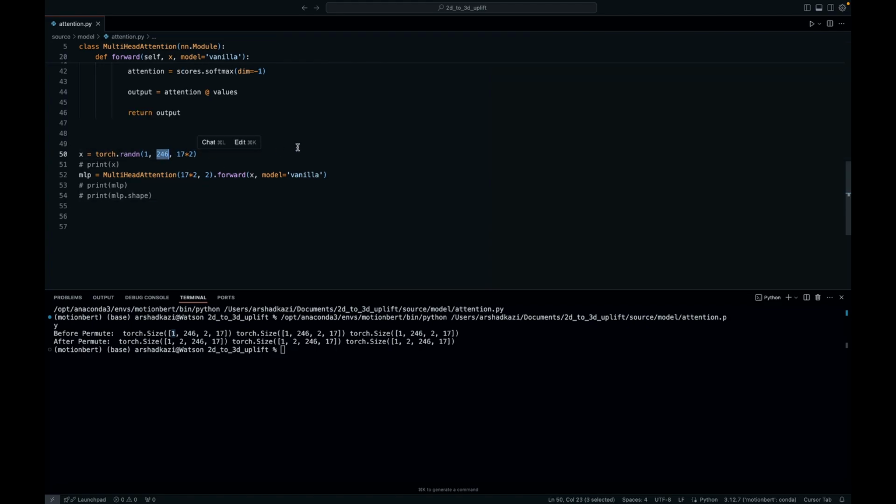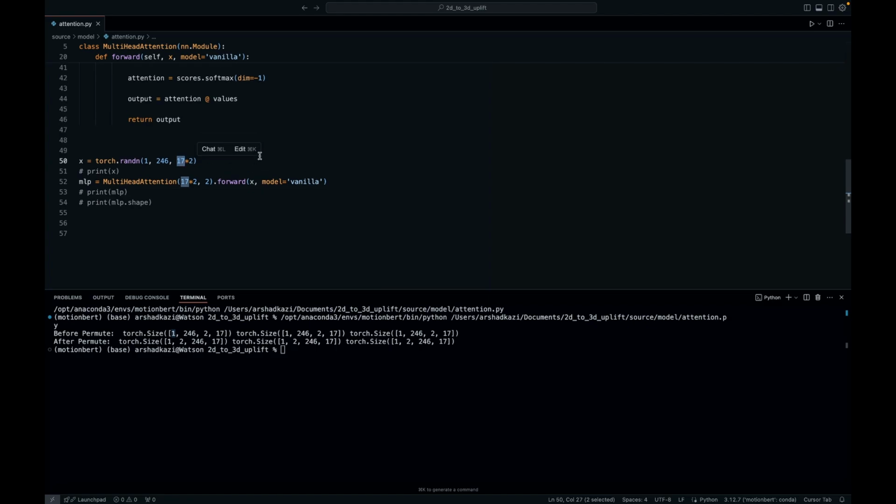This is the length, 246, a figure coming from the MotionBERT paper itself, and these are the number of channels that I have.